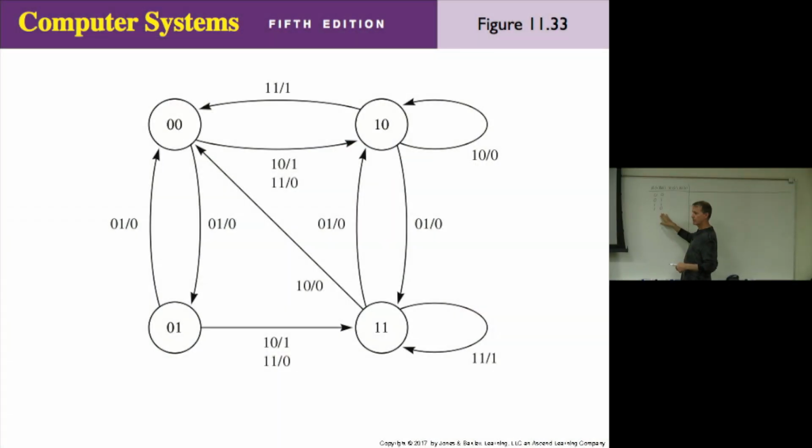Now, does everybody see, because we have 4 states, right? But looking at figure 11.32, what are the possible input combinations that we have for X1 and X2? Do we have 0, 0? That was the don't care condition.